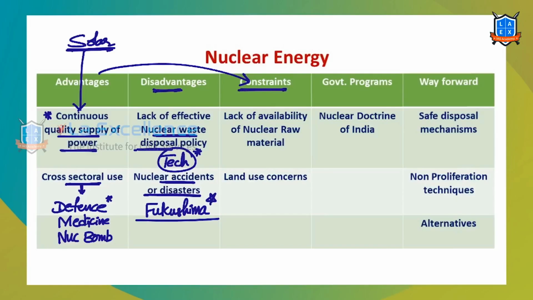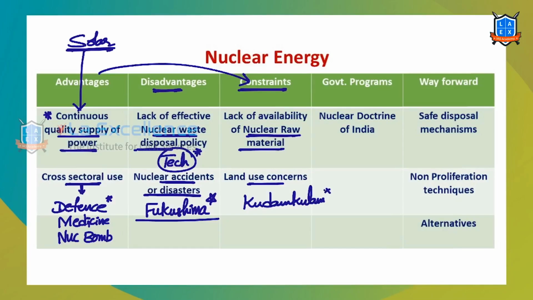What are the constraints? Yes, we want to use it in spite of its disadvantages. But do we have nuclear raw material? No, we need to import it. And there are land use constraints. For example, you might have observed it with regard to Kudankulam. The Kudankulam nuclear power plant was built with the help of Russian technology.